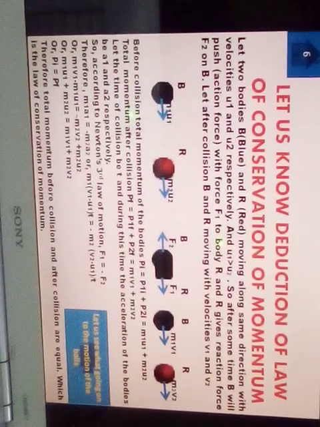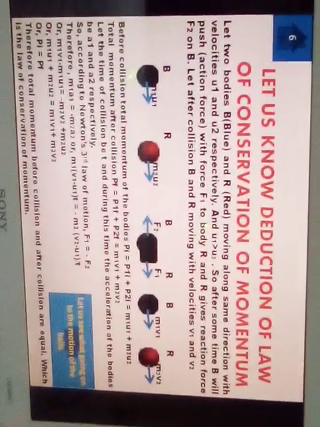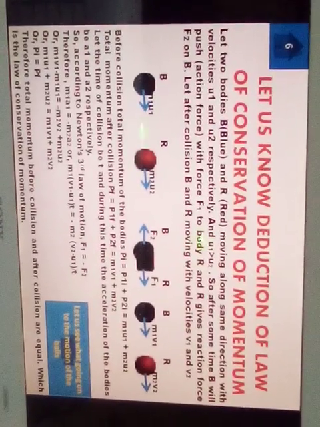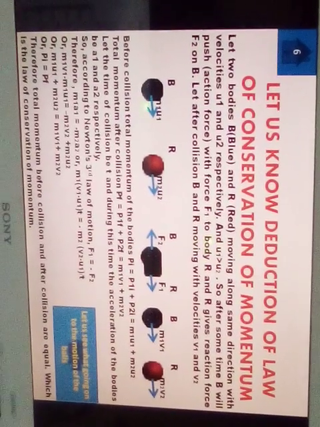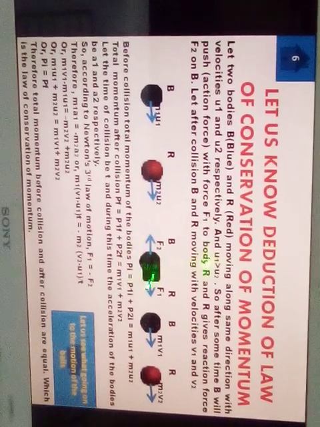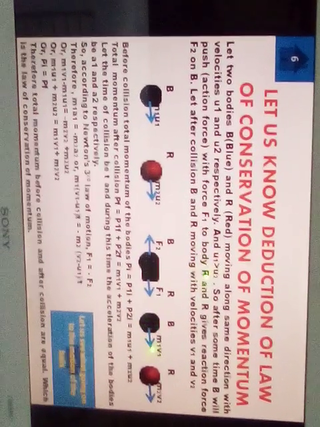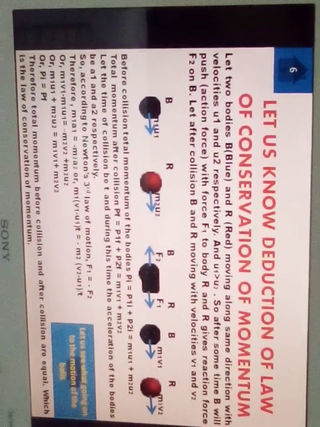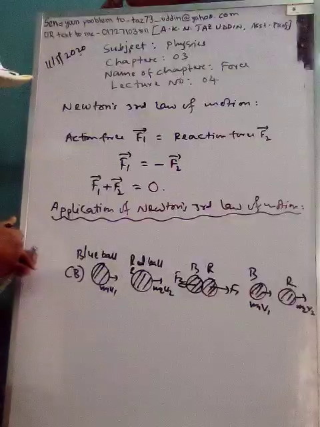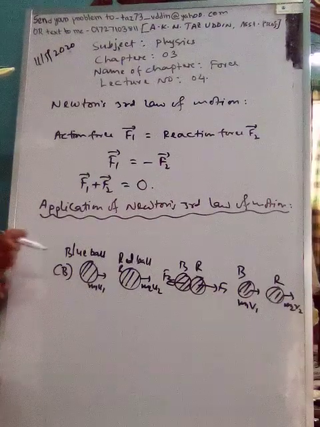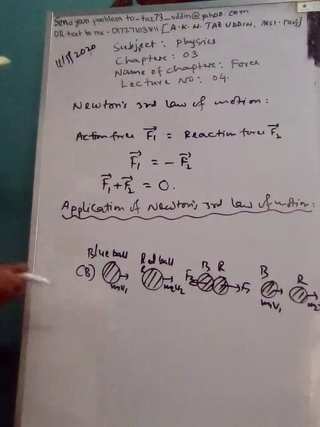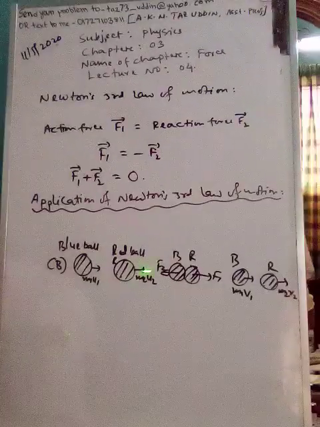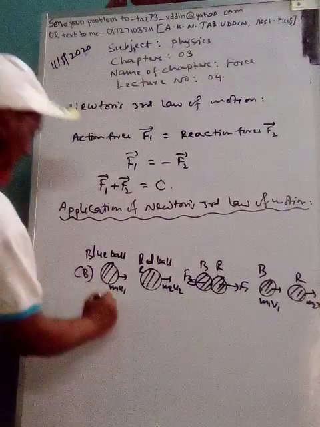First you draw the diagram: two balls, B for blue and R for red, with masses m1 and m2 and initial velocities u1 and u2. After the action-reaction force, their velocities become v1 and v2. Now, how can we prove the law of conservation of momentum? I'll show you. I draw the same diagram here: the blue ball and the red ball, and the velocity of the blue ball u1 is greater than u2.